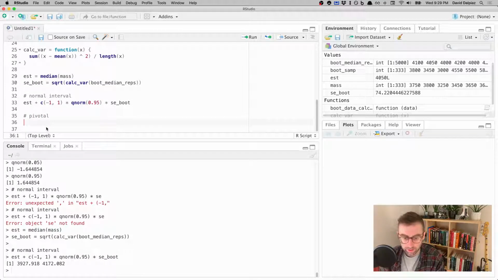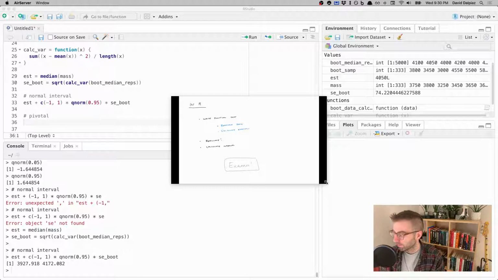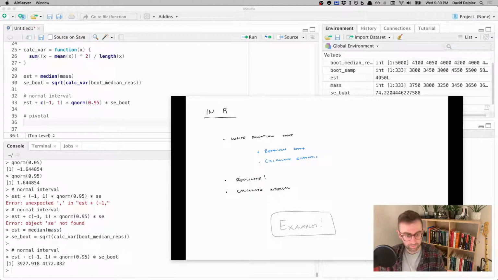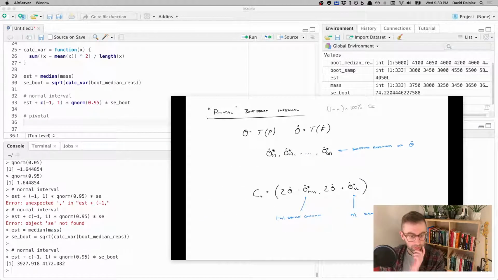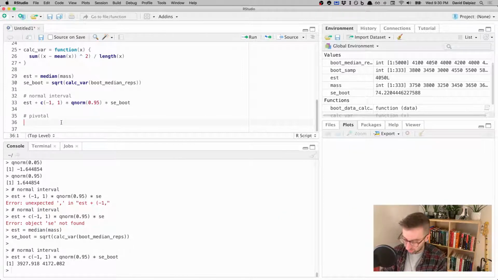Okay, so to do this, let's refresh our memory real quick. Okay, so it's 2 times the estimate minus the upper and then the lower. Okay, so I think I can do this. All right, so it's 2 times estimate minus quant.